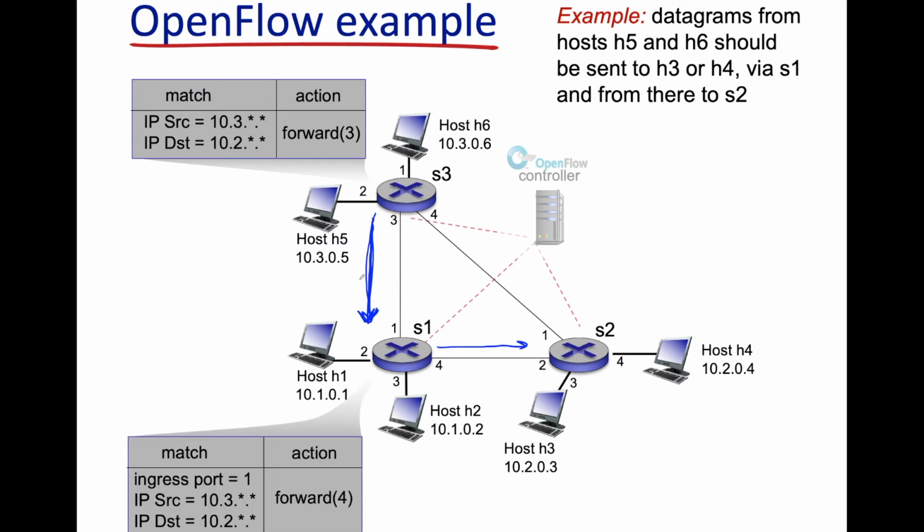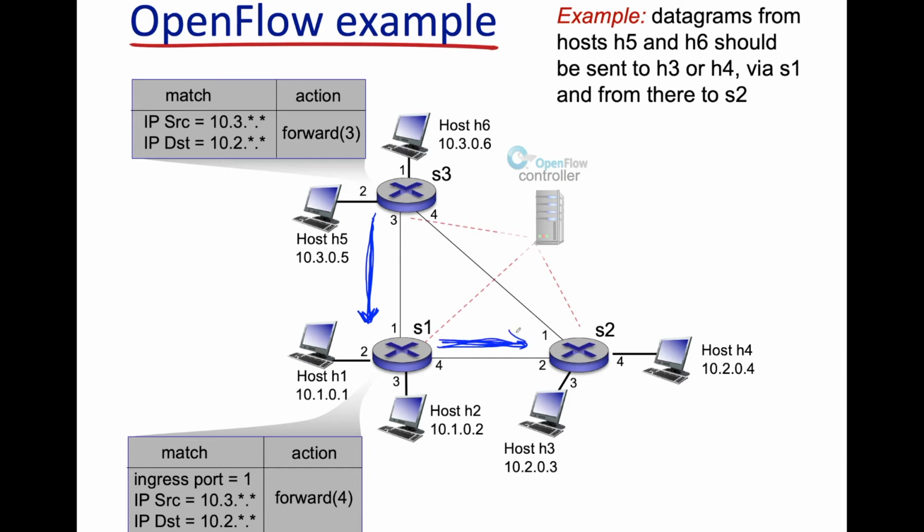Likewise, in router S1, our match action rule is going to say if you have an ingress port, and an ingress port is the port number in which the data arrives, and egress port is the port number out of which data leaves. So if your ingress port number is port number 1, that's this port number that S1 shares with S3, and your source IP address is the 10.3 subnet, your destination IP address is 10.2 subnet, then forward out port 4, that's your egress port number.